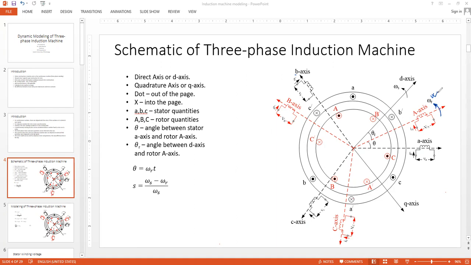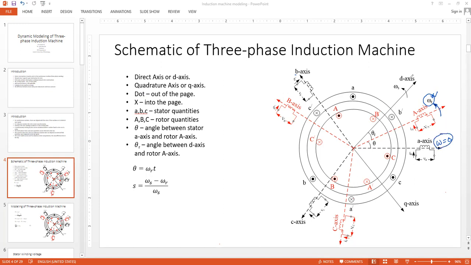Okay. This speed is 0. This omega is 0. Omega stator is 0. Omega r is non-zero. It is the rotor speed. But again, this omega r is never equal to synchronous speed. So now, how do we introduce the dq axis, which is moving at synchronous speed? Because the rotor is not moving at synchronous speed. Stator is fixed at 0 speed.